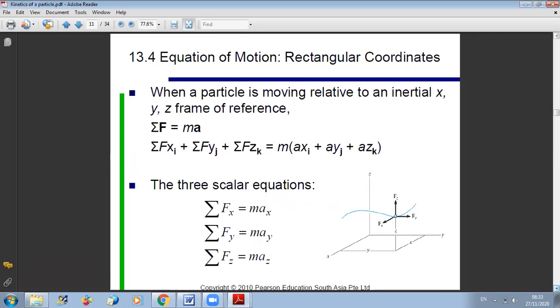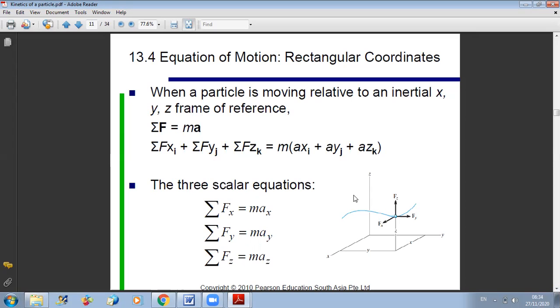Okay. So now it's time to apply Newton's law. As we have seen in the previous chapter, we can deal with Cartesian coordinates x, y, z, or with normal-tangential coordinates. So it depends on the problem. If you have a problem where it's easy to work in x, y, z, for example, if they give you velocity as a function of time, you can derive and find ax, ay, and az.